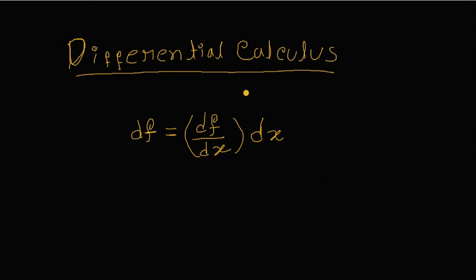Now we have a geometrical interpretation for this value, that is, the derivative df/dx is the slope of the graph f versus x. If we draw a graph of f versus x, there can be two conditions.